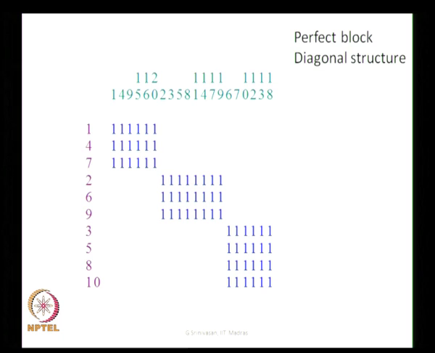Now, how did it happen? If we translate this information, the block diagonal structure, into a real life scenario, we can say there are machines 1, 4 and 7 which process parts 1, 4, 9, 15, 16 and 20. Now these 3 machines will not be similar machines in terms of their configuration.